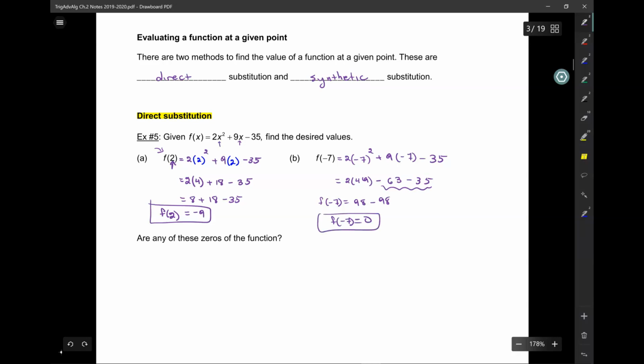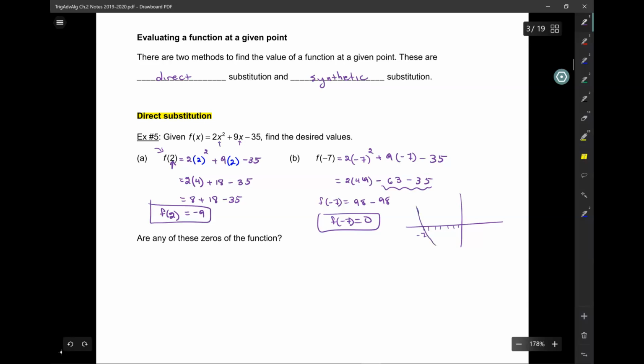Okay. Now it says, are any of these zeros of the function? Okay, well, here when we plugged in 2, we got -9. But when we plugged in -7, we got 0. Hey, what does that mean? That means this function at -7 crosses the x-axis.